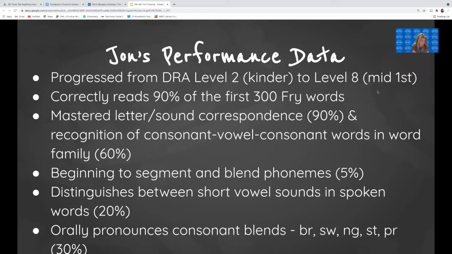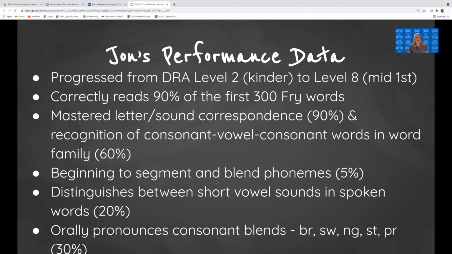So even though he's progressed, he is still below grade level. He can read 90% of the first 300 words. He can do the letter sound correspondence. He can recognize consonant vowel consonants 60% of the time. Beginning to segment and blend phonemes at 5%.